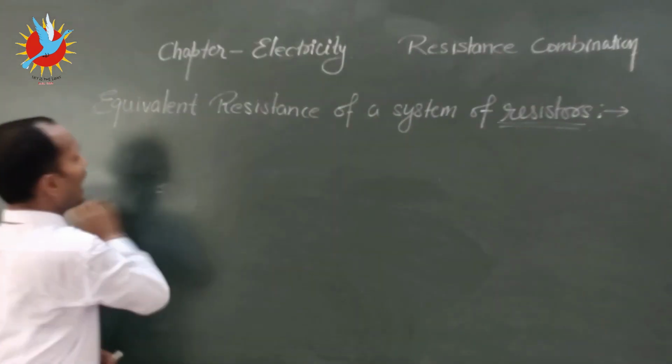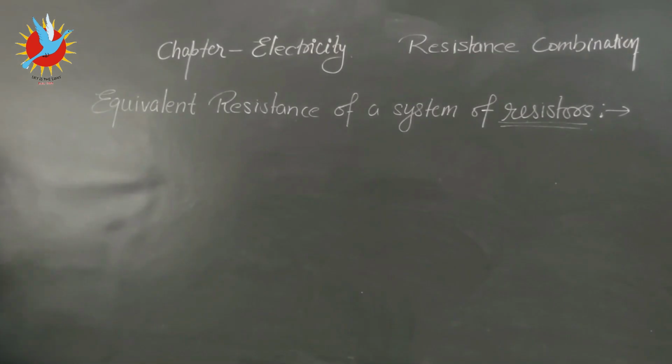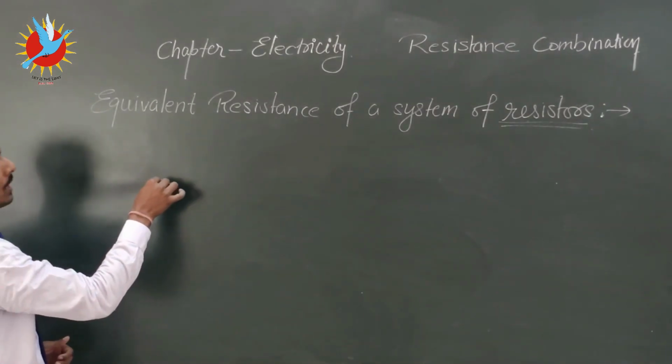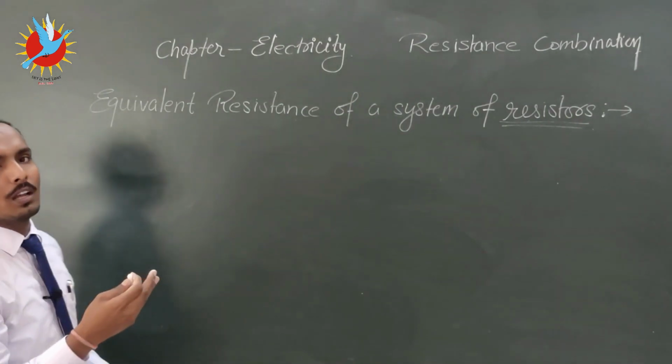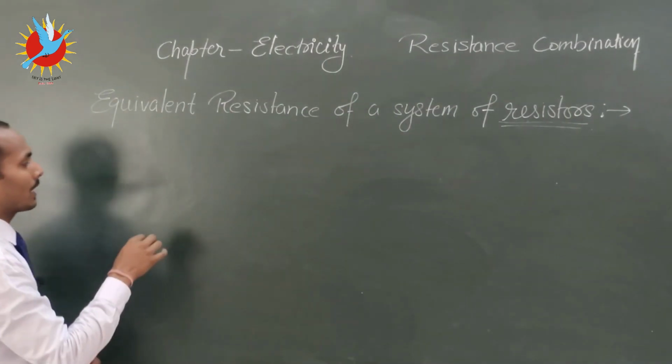Now we have to understand equivalent resistance. Suppose there is a combination of two or more resistors in a circuit.